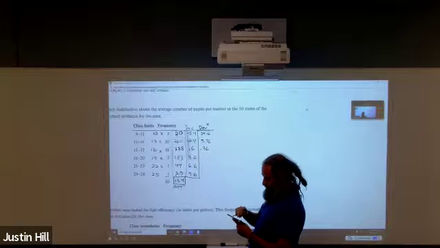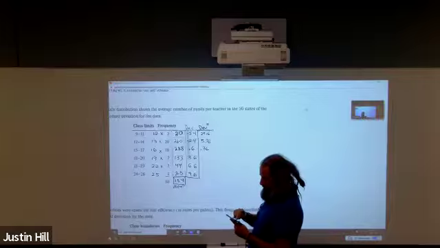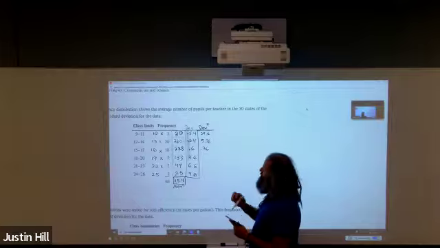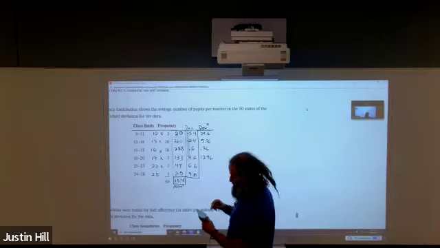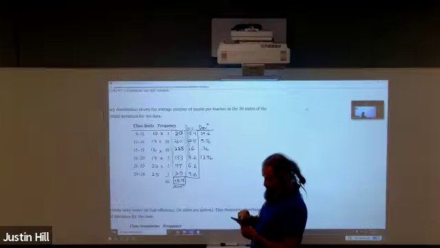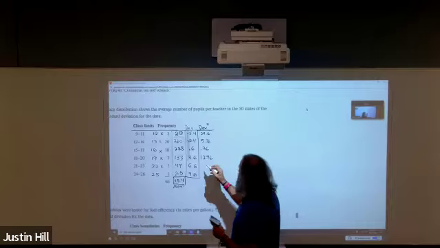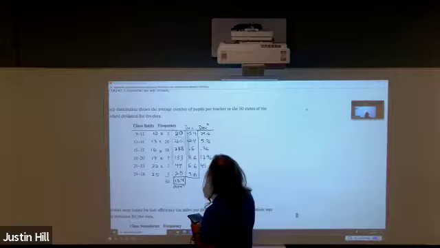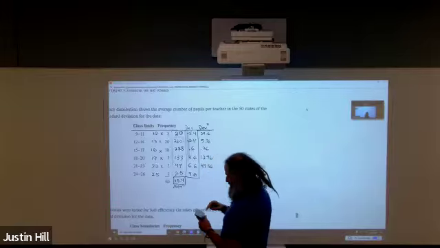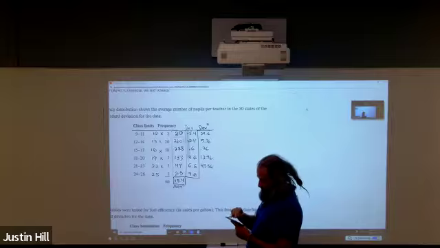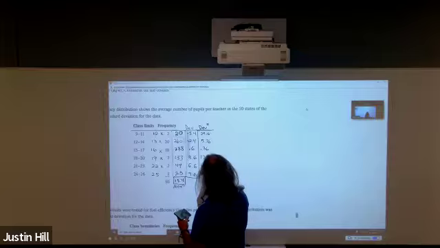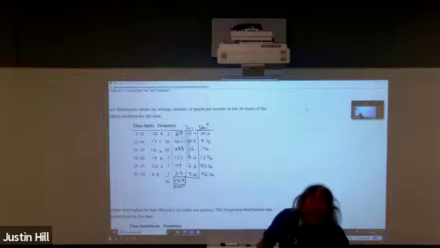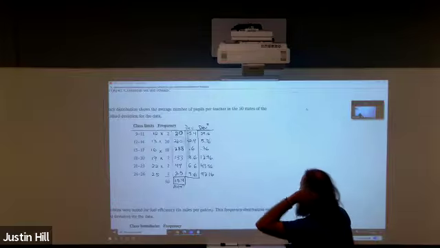Some of these I should be able to do in my head quicker than I can type it, but let's go ahead and type it. 3.6 squared is 12.96. 6.6 squared is 43.56. And 9.6 squared is 92.16. So those are my squared deviations.